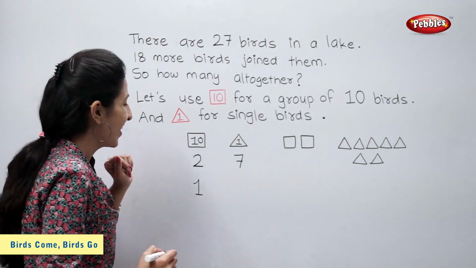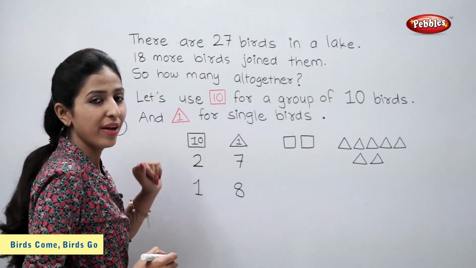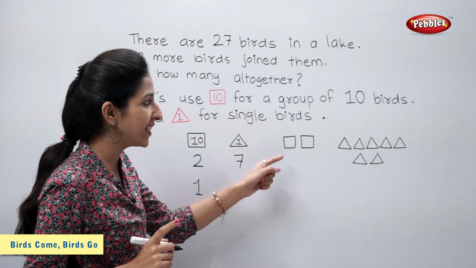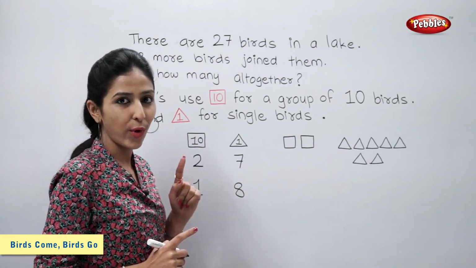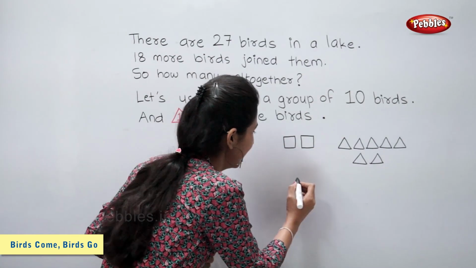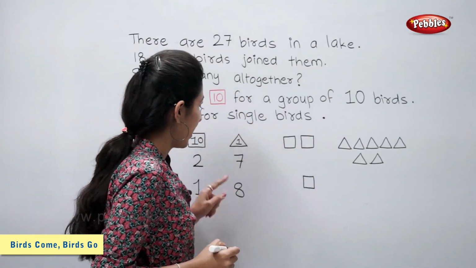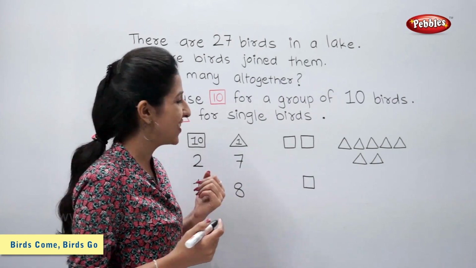1 tens, 8 ones. Let's write 18 using squares and triangles. 1 tens, so 1 square. 8 ones, so 8 triangles.